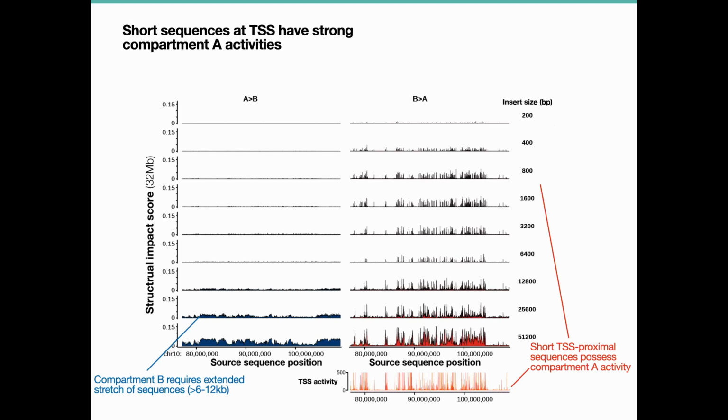It turned out that the A to B transition requires relatively large sequences, at least 6 to 12 kilobase pairs, while transition from B to A can happen with as small as 800 or even 400 base pair sequence insertion. Importantly, analysis of those locations that have strong compartment A activity shows that those regions mostly coincide with active transcription start sites, with an odds ratio enrichment of more than 100-fold.